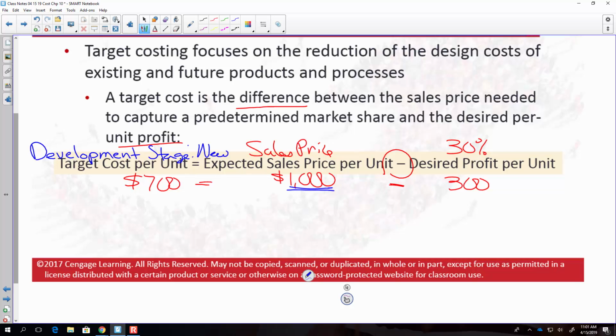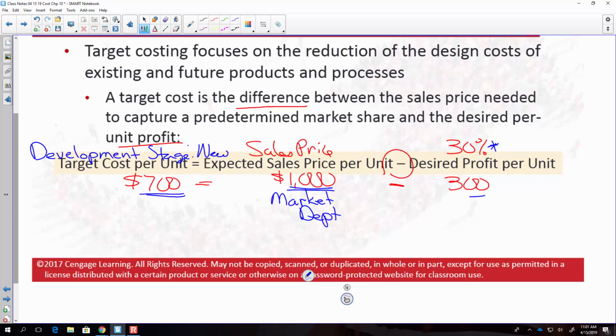So the marketing department does some market studies, and they determine that the consumer will spend $1,000 for a new iPhone. That's the max. So once we know the 1,000, we subtract off our 30% desired profit, or $300 in this case.